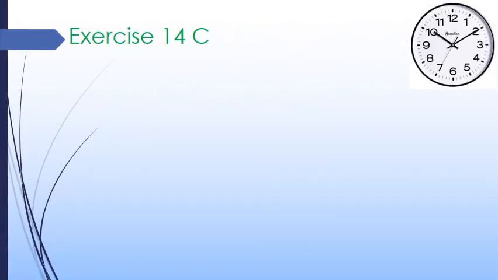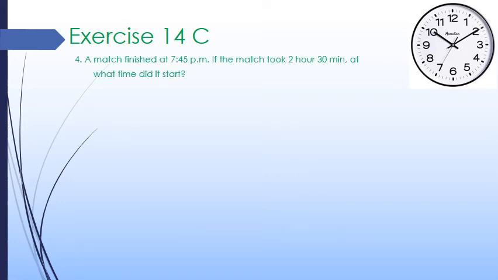Now children, let's come to question number 4 of this exercise. It says a match finished at 7:45 p.m. If the match took 2 hour 30 minute, at what time did it start? Let's see the solution. The time at which the match finished is equal to 7:45 p.m. in the evening, which is also equal to 12 plus 7, 19:45 hours in the 24-hour clock, right?